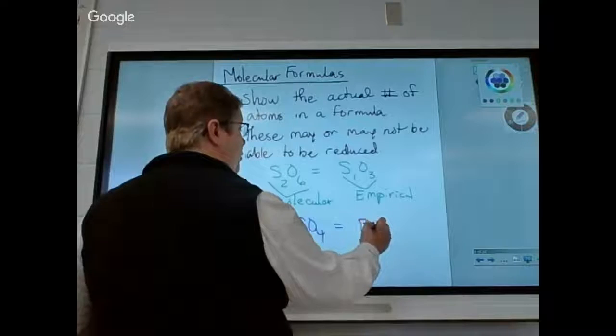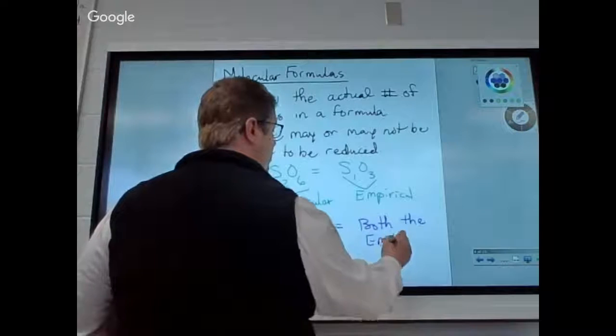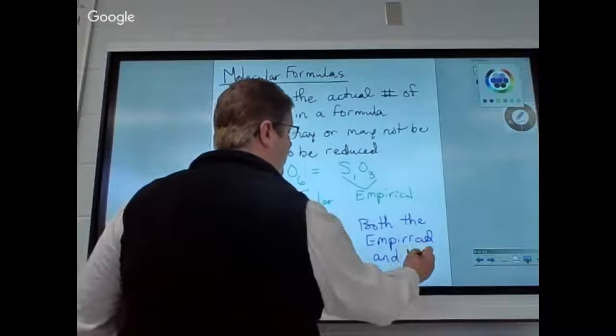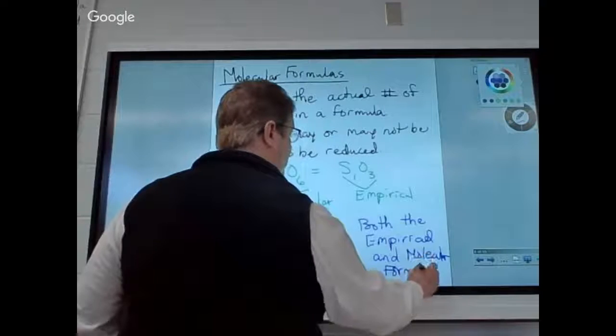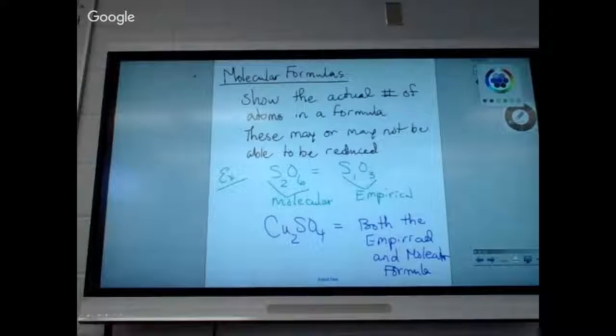So this is both the empirical and the molecular formula, because that one can't be reduced. So it works just like the examples that we did a little bit ago. It shows the actual number of atoms, and sometimes they can be reduced, and sometimes they can't. So, in the top one, they can, and the bottom one, they can't.